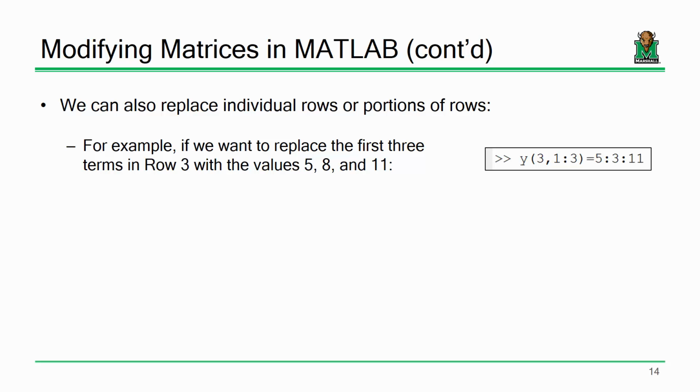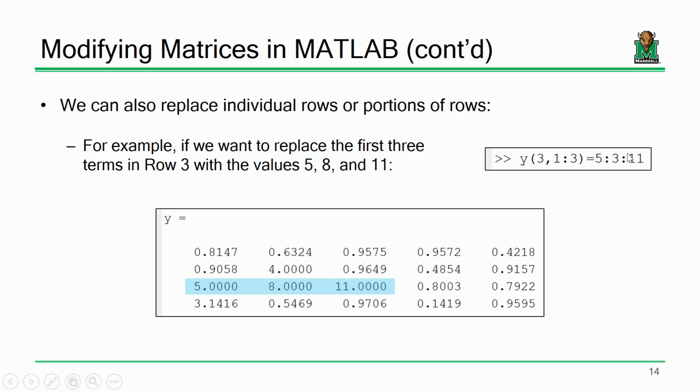We can replace an entire row, not just individual elements within the matrix. So what this is saying is we want to replace the first 3 terms in row 3 with values 5, 8, and 11. So it's saying in increments of 3, 5 plus 3 will give us 8, and then 11. So that's going to say the first 3 terms in row 3.